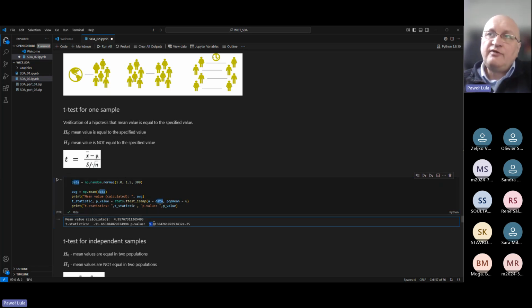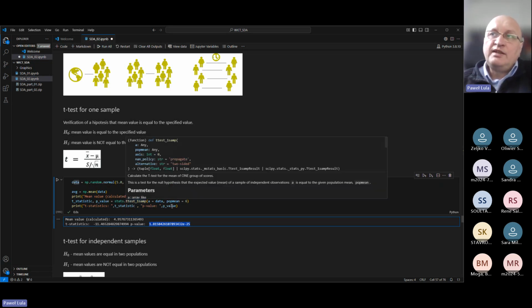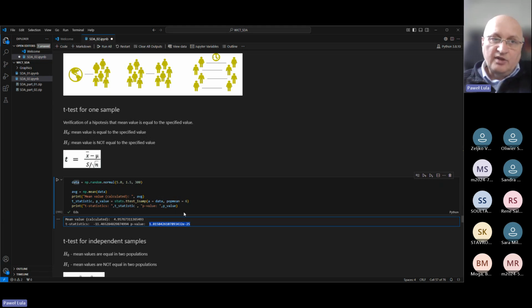It is very, very low, very small. We see that when we have this hypothesis, that the mean value is equal to 6, and when I selected randomly this sample and calculated these values, I obtain a very low probability. It is a probability of confirming this hypothesis by this data set. It is very, very small.